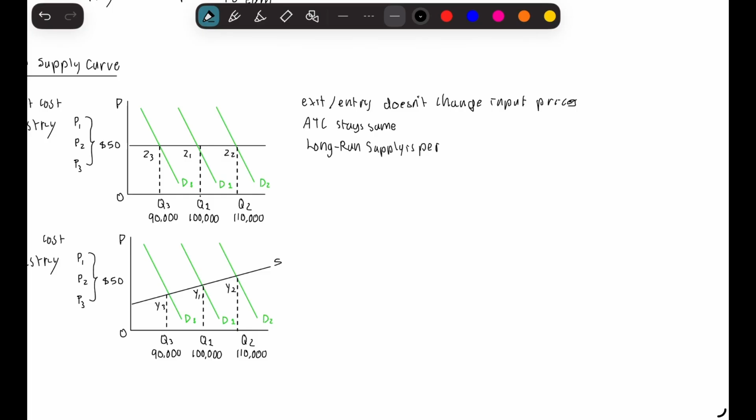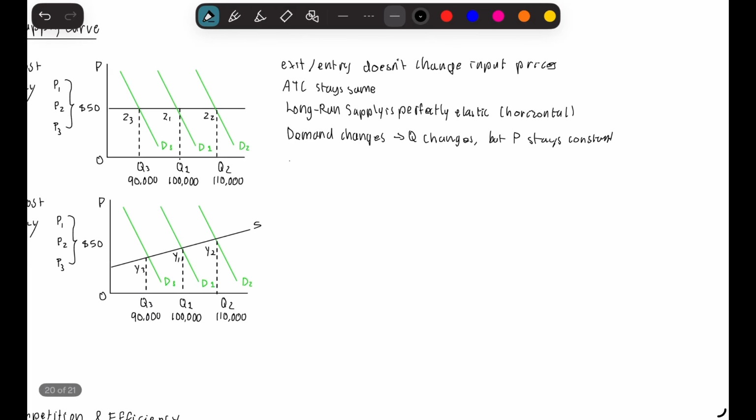Your long run supply is perfectly elastic, aka it is horizontal. Your demand changes, your Q changes, but your P stays constant. So your price in this graph returns to the same level no matter your demand shift.